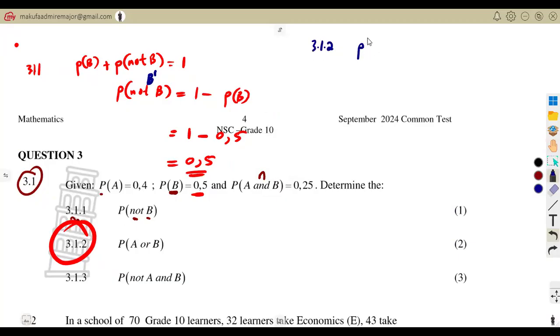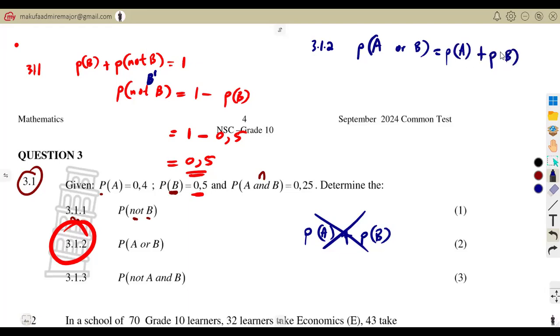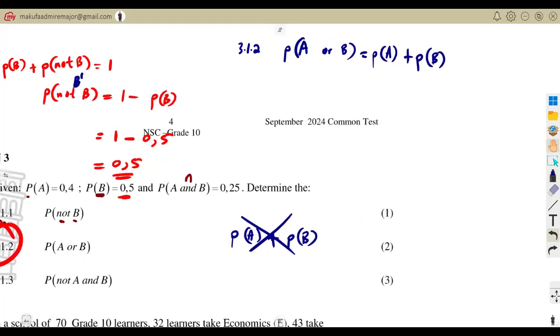Remember, I said the probability of A or B, since there is an intersection, is not equal to the probability of A plus the probability of B. If you end there, this is wrong. We must subtract the intersection. We have to remove the intersection.